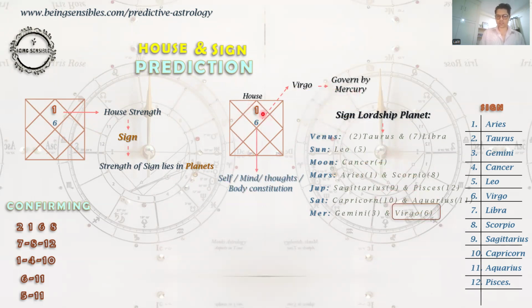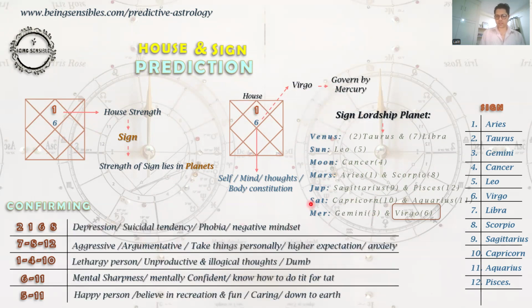So as we know, the house and sign are directly or indirectly connected and will be predicted through the planetary basis. If the sign lord is Mercury, having any of these combinations will make an impact on the individual.